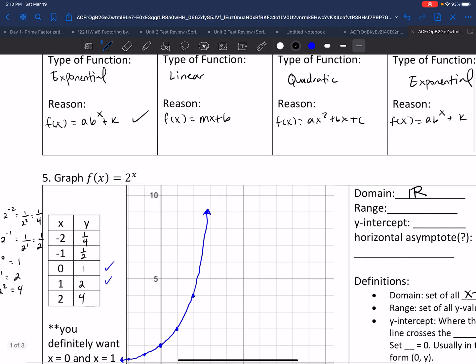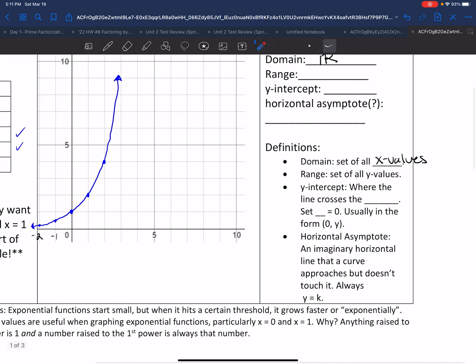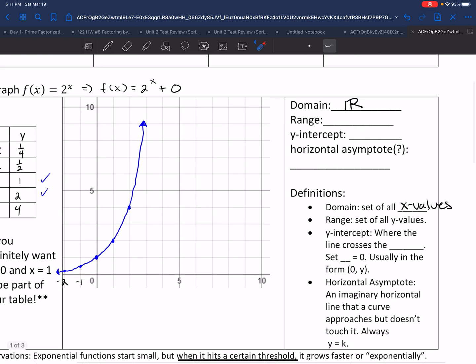So rewriting this should be f of x is equal to 2 to the x power plus 0, right? 0 is our k, and writing this, it doesn't change anything, right? 2 to the x power plus 0 is still 2 to the x. But I'm trying to make clear what our k value is. So our horizontal asymptote will always be y equals k. So what is our k value? This 0 is our k, so I write y equals 0.